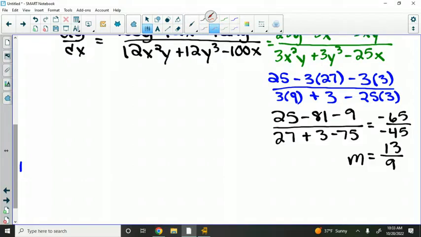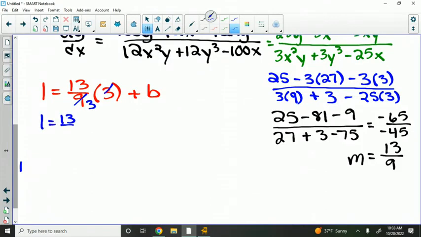Now we get to put it in our equation. y equals mx plus b. So our y was 1. Our m is 13/9. Our x was 3 plus b. And then when we multiply these together, that's a 3. So 1 equals 13/3 plus b. This is a 3/3 minus 13/3.